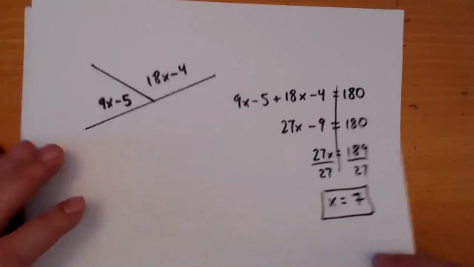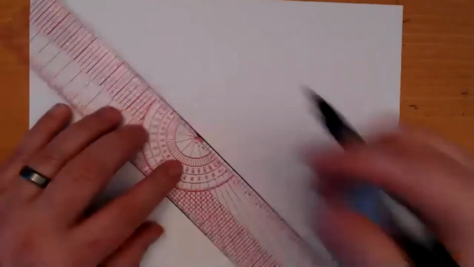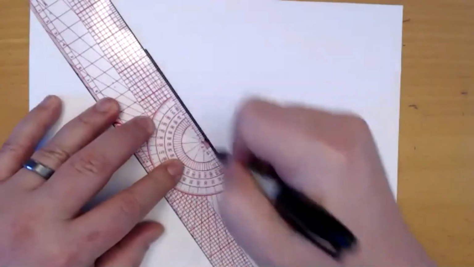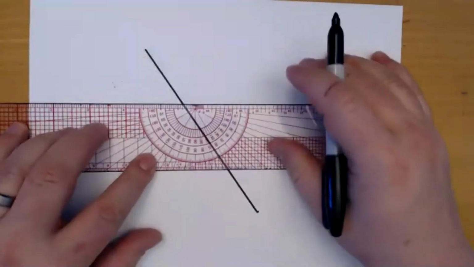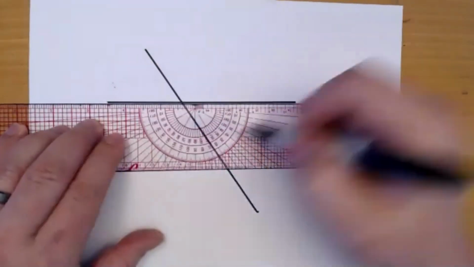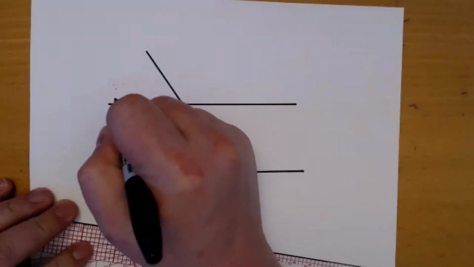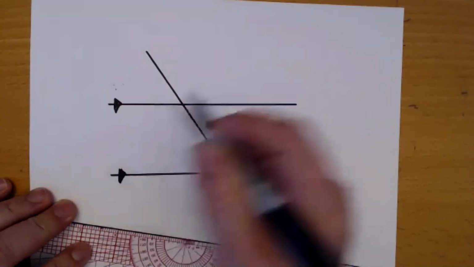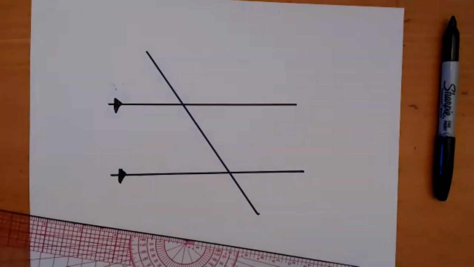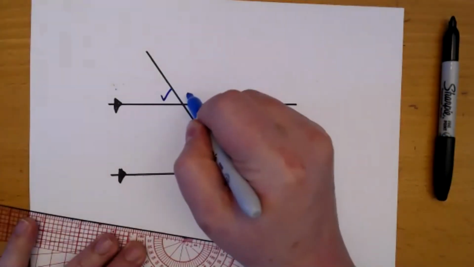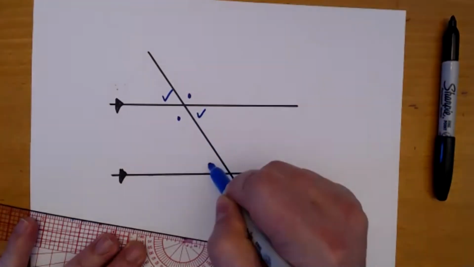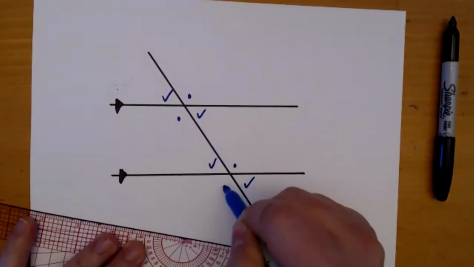So with the parallel line ones, we did this. We had that check dot, check dot, check dot, check dot.